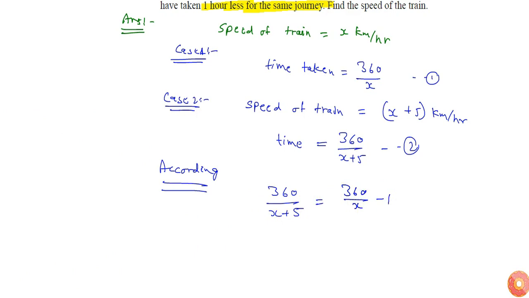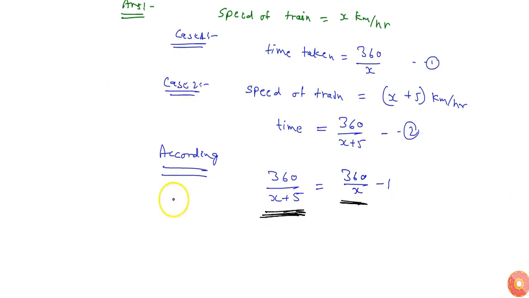This is the time when the speed is more than the uniform speed, and this is the time when the speed is x kilometer per hour. So if I solve this equation, I can get the value of x. So let's solve this equation.